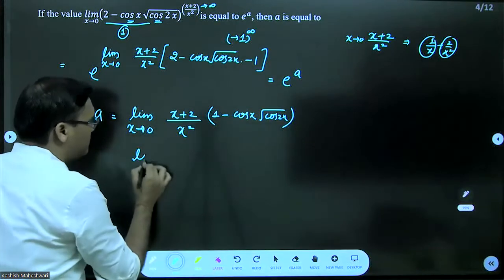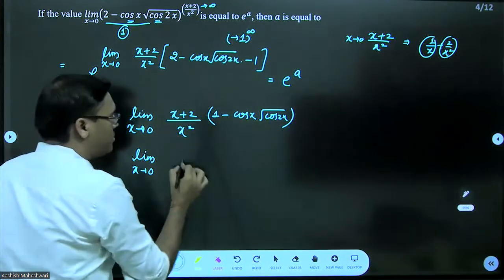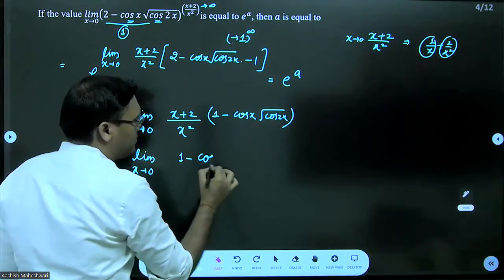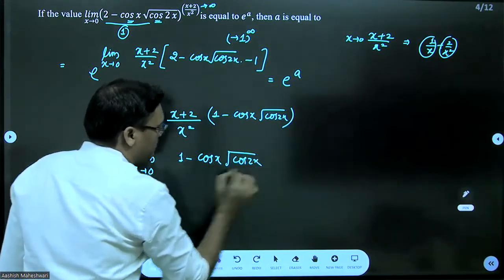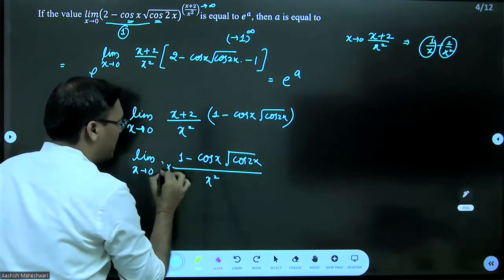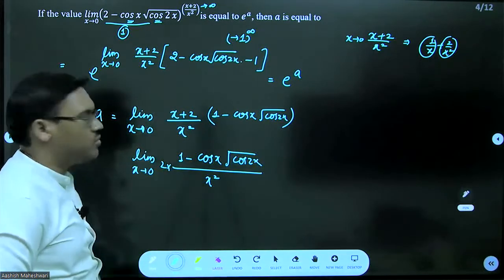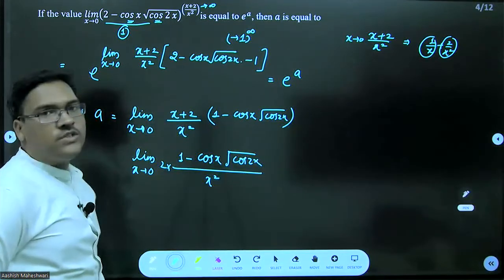So I can say this is limit x approaches 0, 1 minus cos x root cos 2x divided by x square, and into we have 2 here. You can see this is 2. Correct.